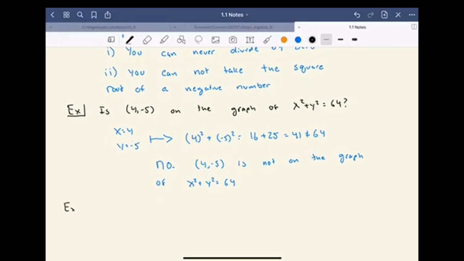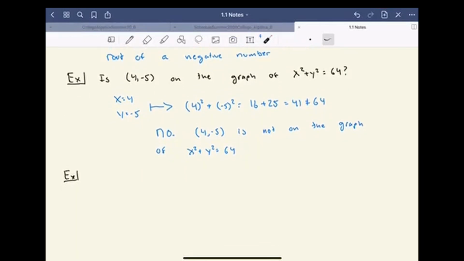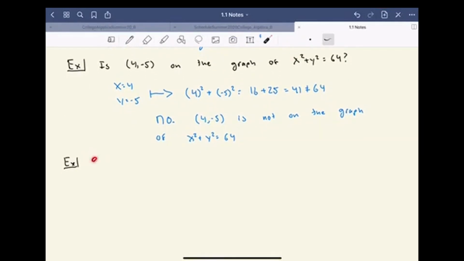Another example is we might actually be asked to graph something. We're going to graph something like this later, which is a circle. You might know that already, but we're going to graph something a little differently. Let's graph y equals square root of x plus 8.